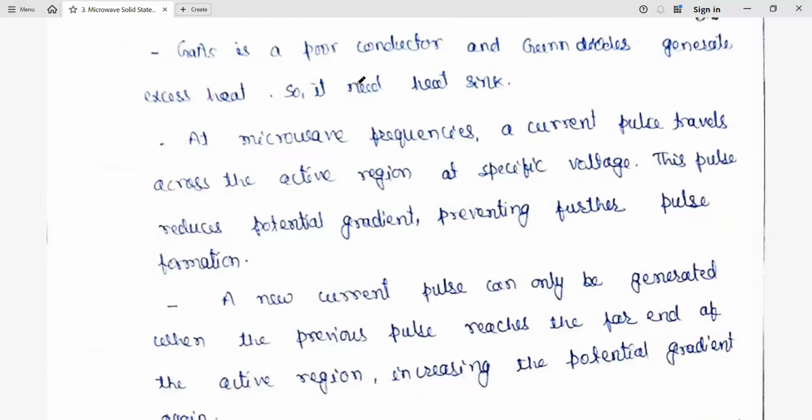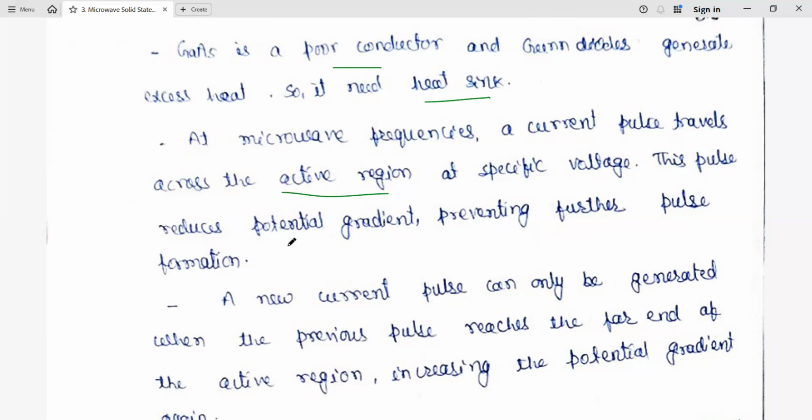So what are the limitations? These are poor conductors, and Gunn diodes generate excess heat. Already we have seen that a heat sink is required. At microwave frequencies, this current pulse travels across the active region, the middle one, at a specific voltage.